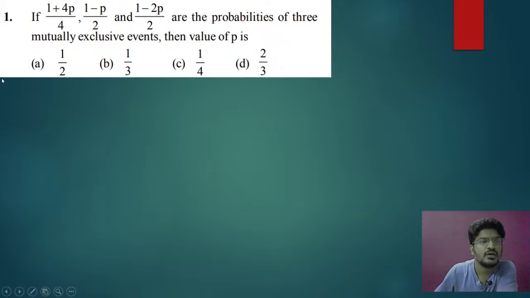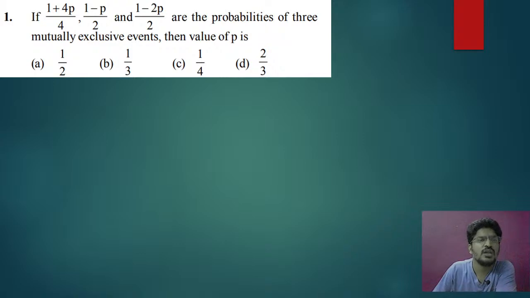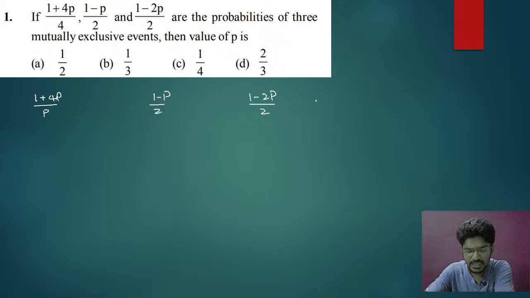See here, the first problem is: if 1 plus 4p divided by 4, 1 minus p divided by 2, and 1 minus 2p divided by 2 are the probabilities of three mutually exclusive events, then what is the value of p?